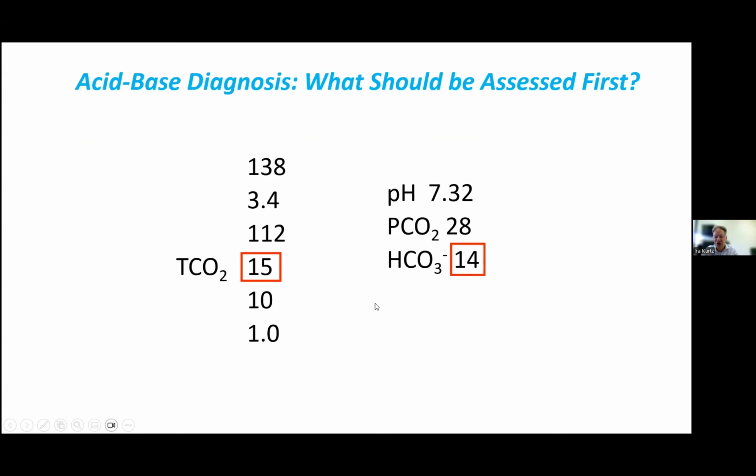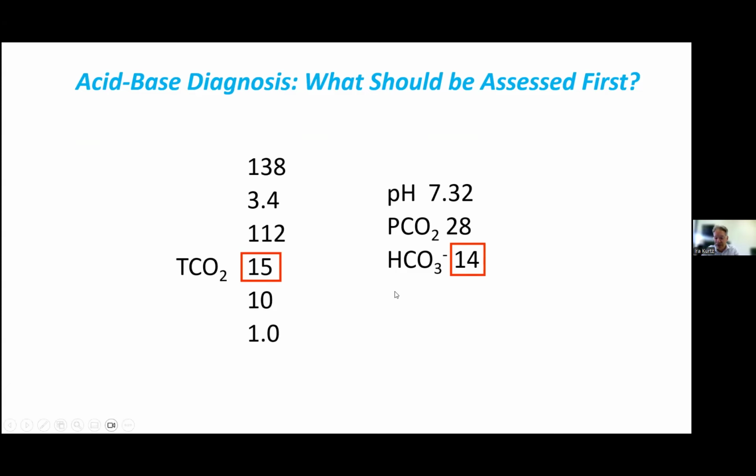But the take-home message is we have four numbers typically that we're confronted with when we're thinking of making an acid-base diagnosis. And the thing you have to stress over and over again and make yourself do is ignore the pH and ignore the PCO2 initially and just cross them out. Don't look at them, or you're going to never be able to make accurate diagnoses of especially mixed acid-base disorders.